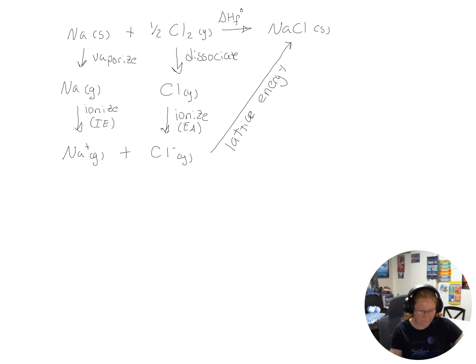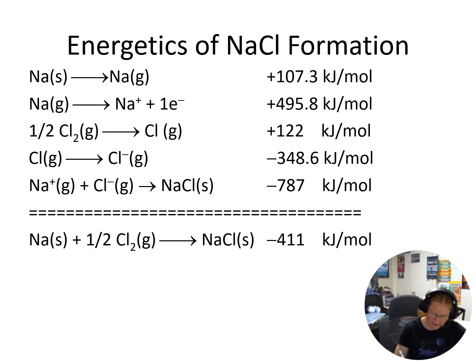Okay. All right, and so I can look at some numbers for all of this. All right, so I have some different processes here. I have process 1, process 2, process 3, process 4, process 5, and then my delta H of formation there, okay?